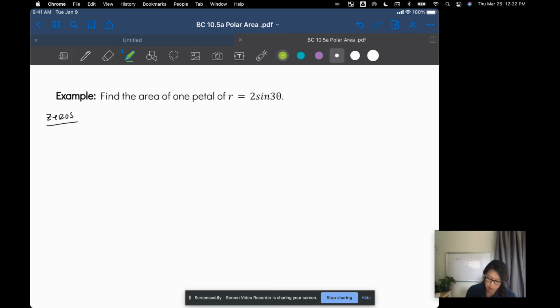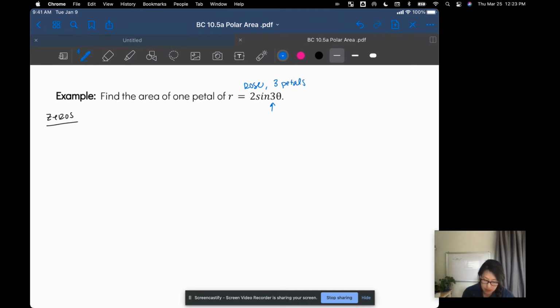So we're going to find the area of one petal of 2 sine 3 theta. I know that this equation, 2 times sine of b theta, is going to give me roses. And since the multiplier, the horizontal stretch factor, is odd, we're going to get 3 petals.